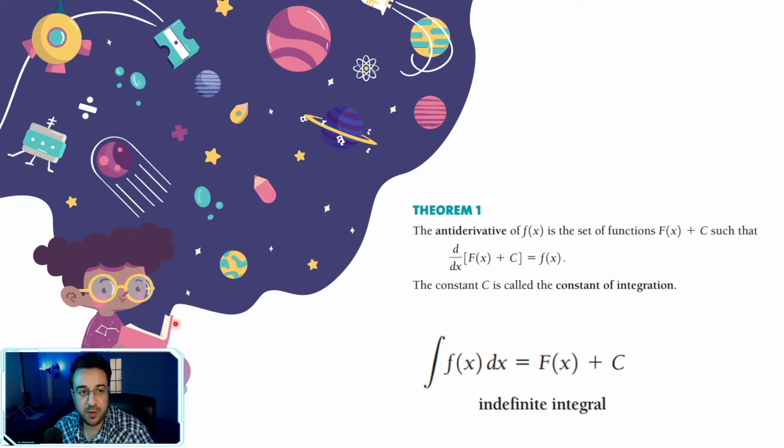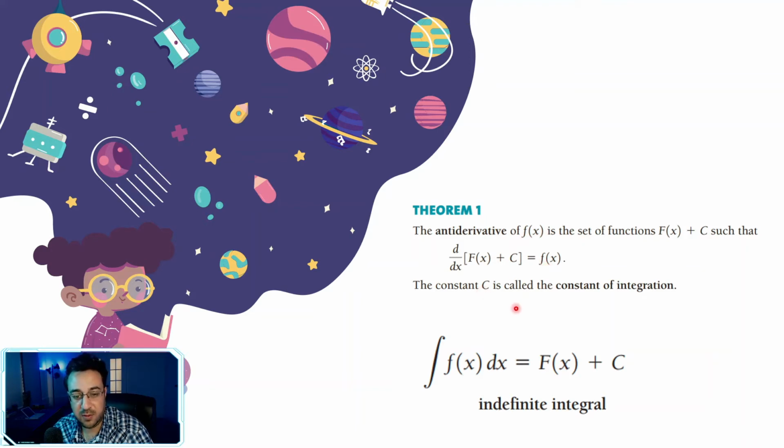So we start with a simpler concept of integration, which is the antiderivative, the opposite of the derivative. If you have a derivative in front of you, you want to go back to its origin or its source. In this case, you have f of x plus c as the derivative. Then what's the antiderivative for that? That's f of x.